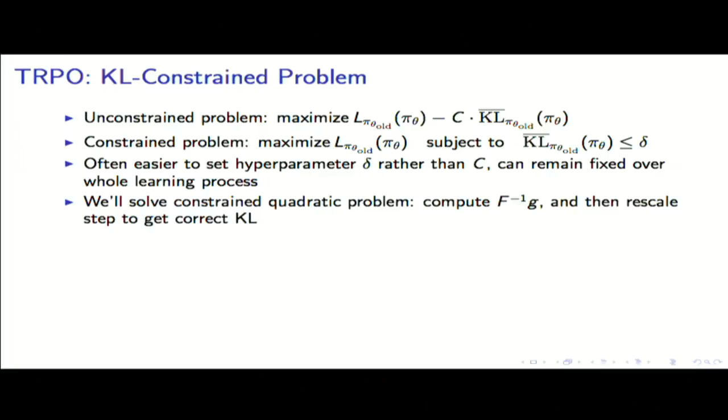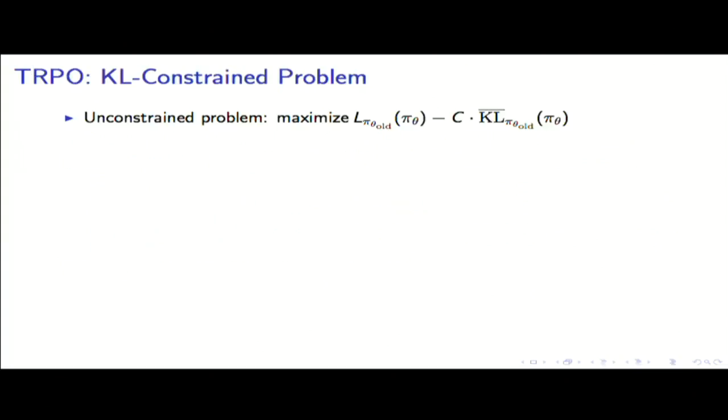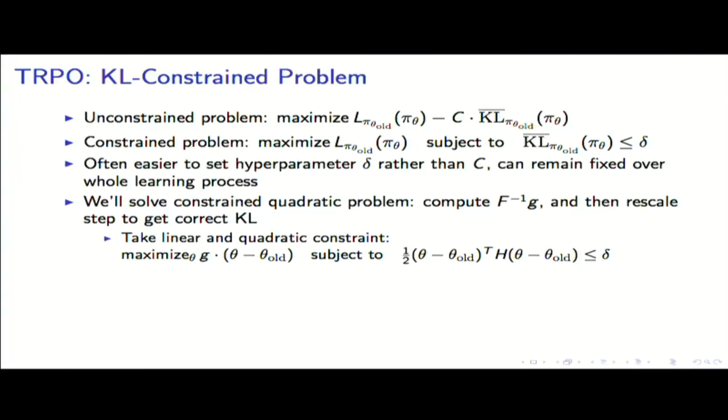Okay, there's another variation on this called trust region policy optimization, or TRPO, where instead of solving the penalized problem where you have a KL penalty, you solve a constrained problem where you have a hard constraint on the KL divergence. And actually, it's only a tiny modification.